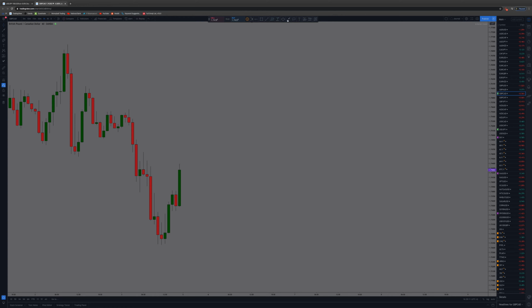And the next type of demand zone is a rally base rally. That's the second type of demand zone, and there's only two. Those are the two. So it's a rally base rally, and then the other one was a drop base rally.